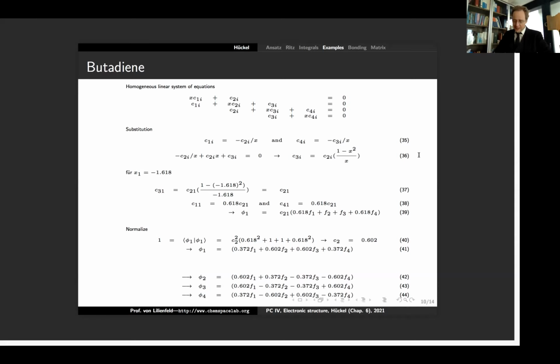So basically, we have contributions from the p orbitals. Are we supposed to see what you're drawing? Not yet. I'll show it in a second.